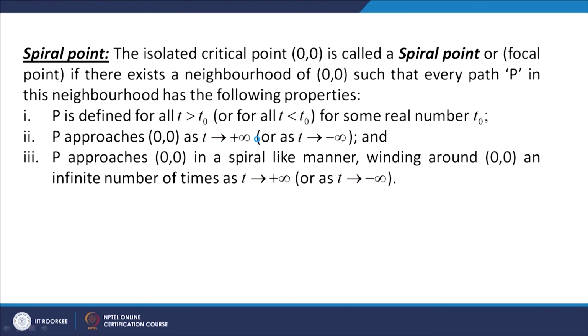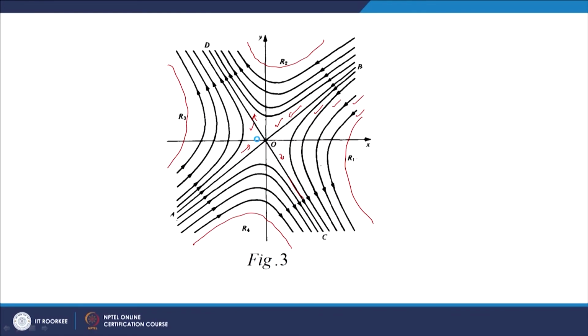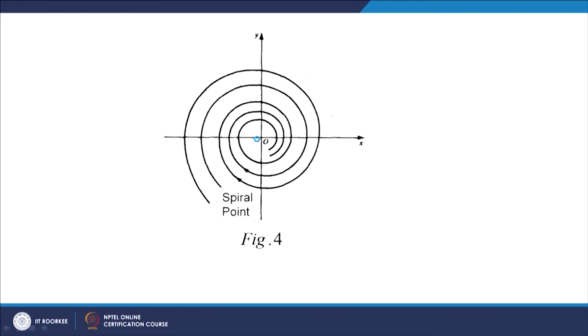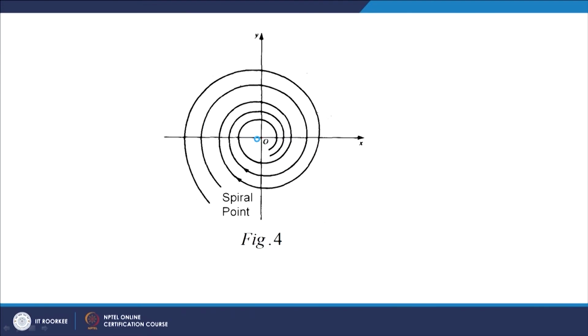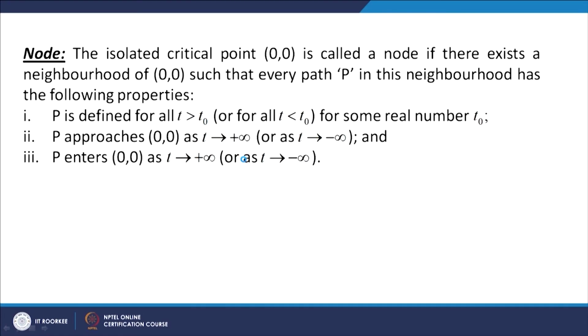Every path P, you can take any path P, is defined for all t greater than t naught or for some t less than t naught, and it is approaching 0 0 as t goes to plus infinity or minus infinity, and it is approaching 0 0 in a spiral like manner, like this.